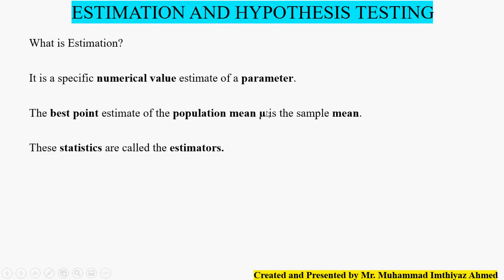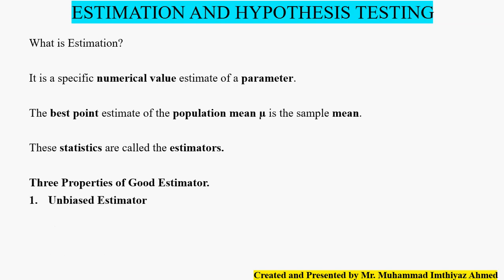These statistics are called the estimators. There are 3 properties of good estimator. The first one is unbiased estimator. The mean of the estimate will be equal to the parameter being estimated.